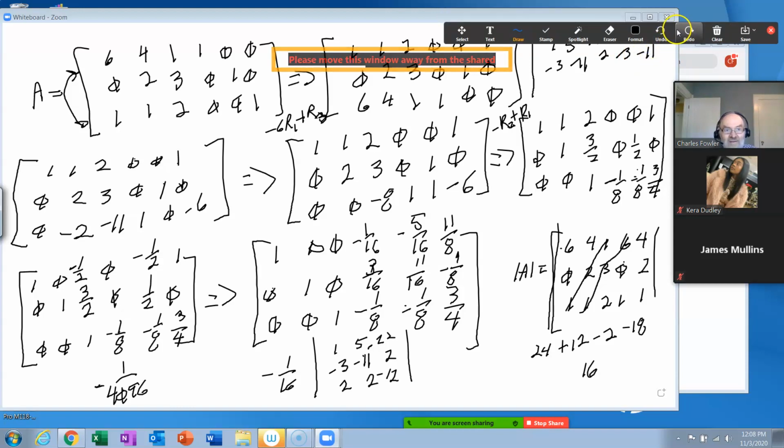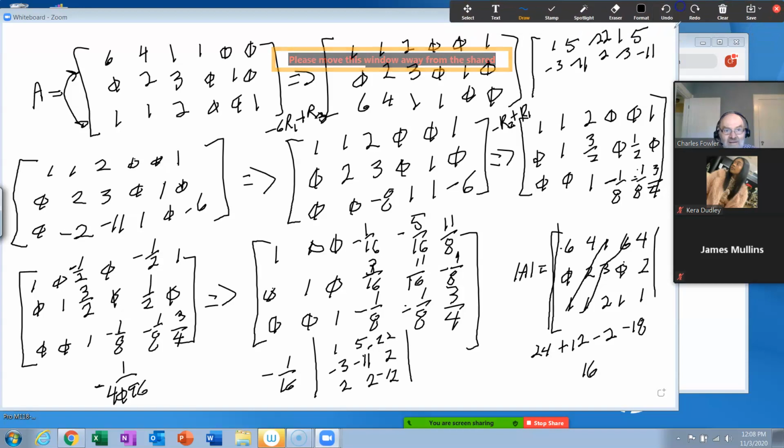Yuck. 2, 2, negative 12. 2, 2. Now, I'm going to try to do this just with the calculator, because I don't want to write down all these numbers.